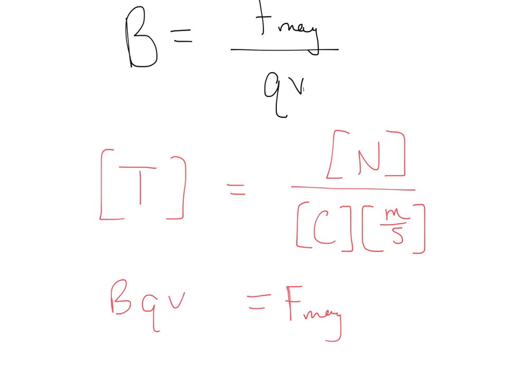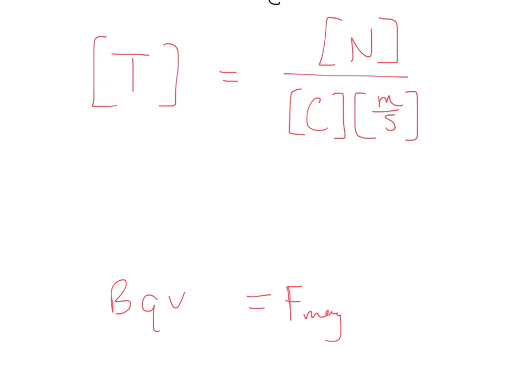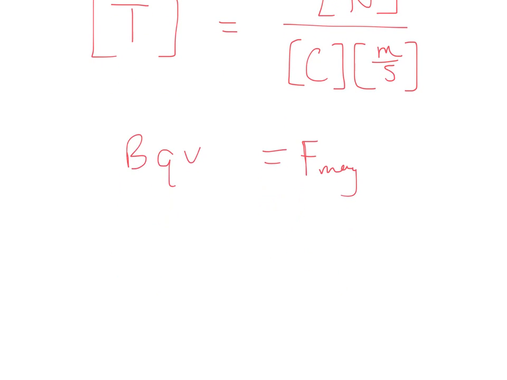Now, what did we do with this mathematically? Who recalls? We did several things here. Look at your notes, section 21.3 if you have to. We did two things with this mathematically.